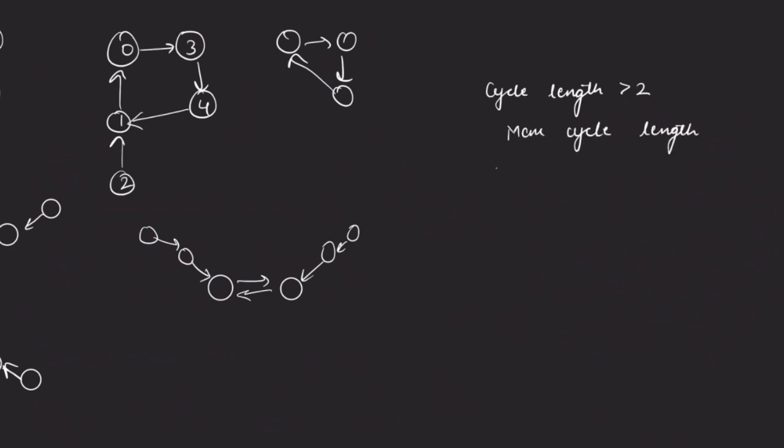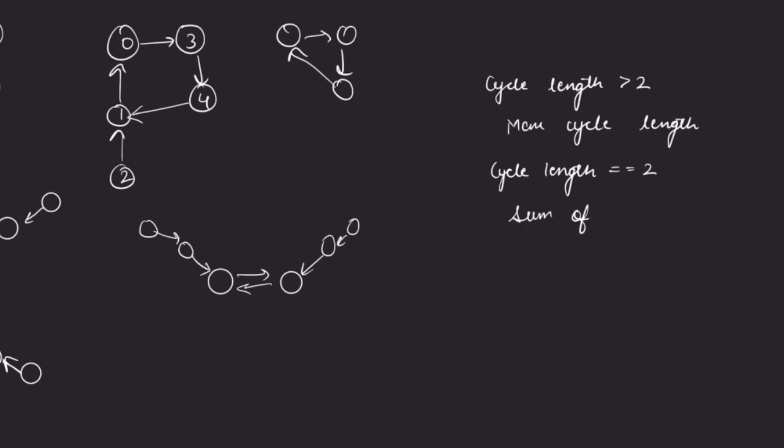And for the cases where the cycle length is equal to 2, you will find out the sum of all two length cycles along with their extended nodes, right?